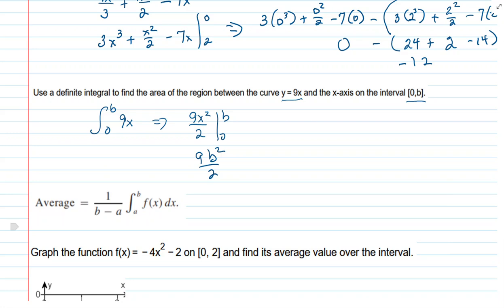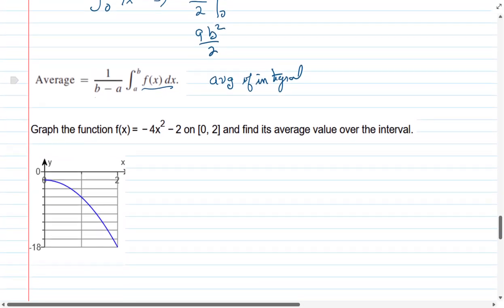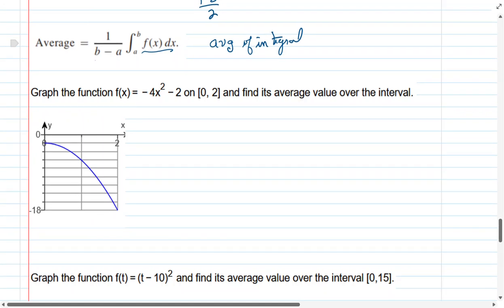This is the formula for the average of the interval. It's the sum of the data over the number of data in that process. So let's see what we have here.